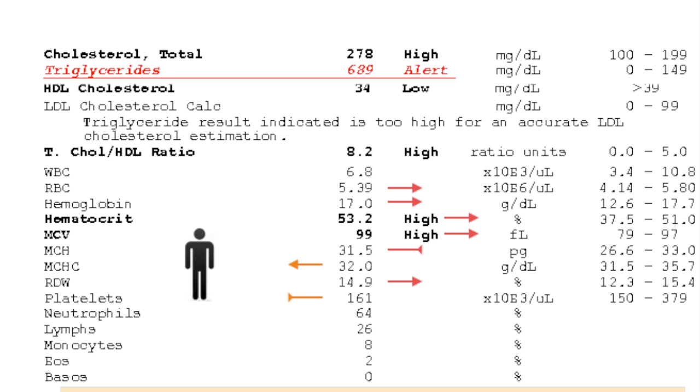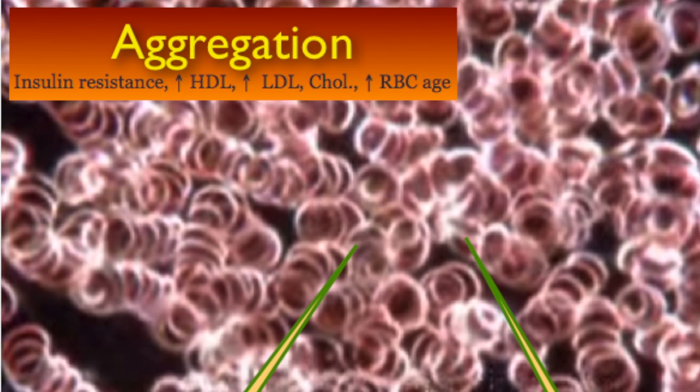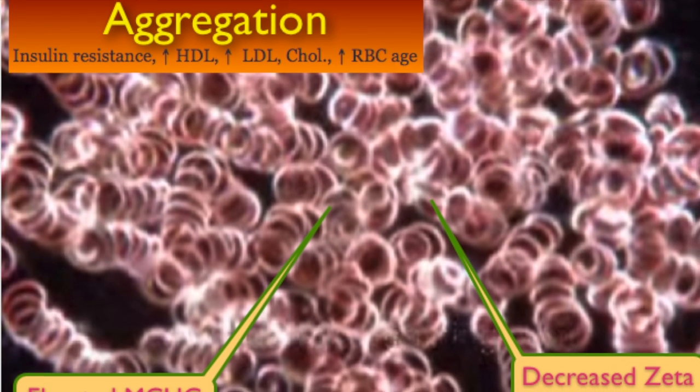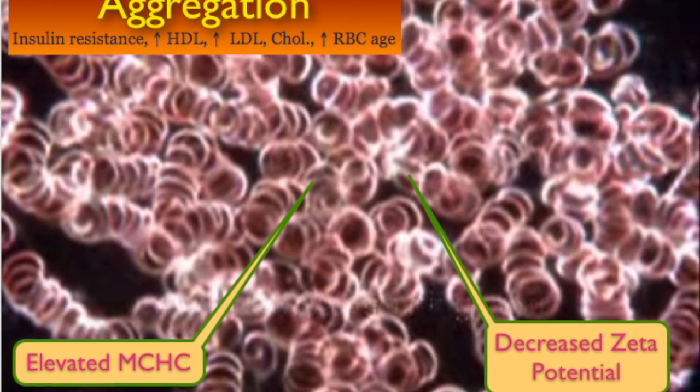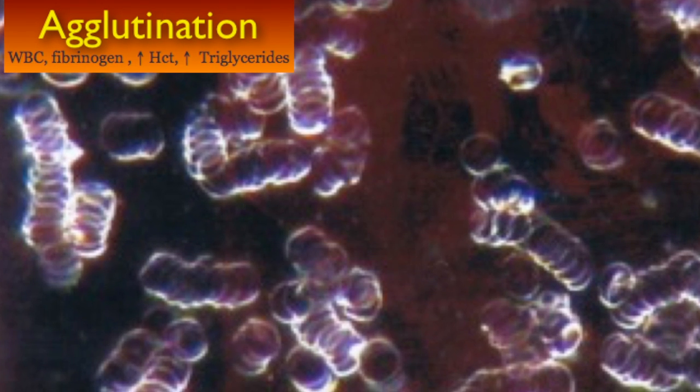On this slide, there's an obvious type 2 diabetic condition present. Type 2 diabetes promotes the aggregation and agglutination of red blood cells, resulting in hypoxia of the peripheral tissues, which is commonly diagnosed as diabetic neuropathy.